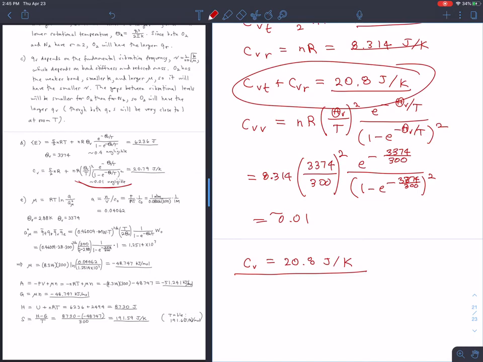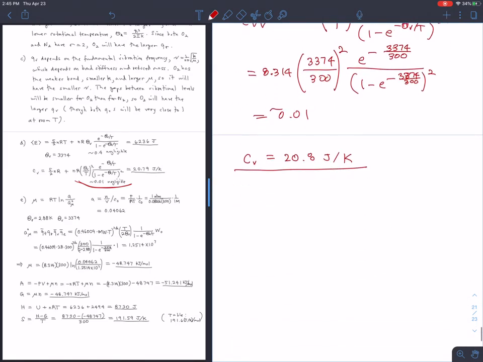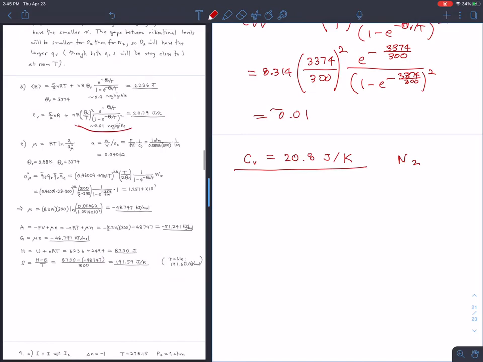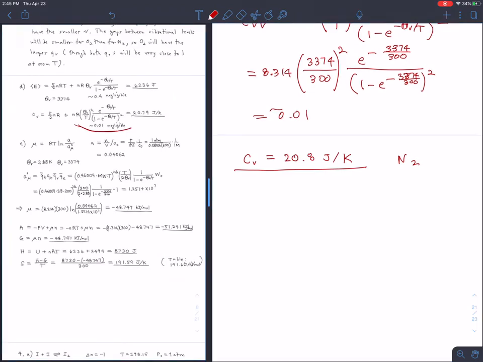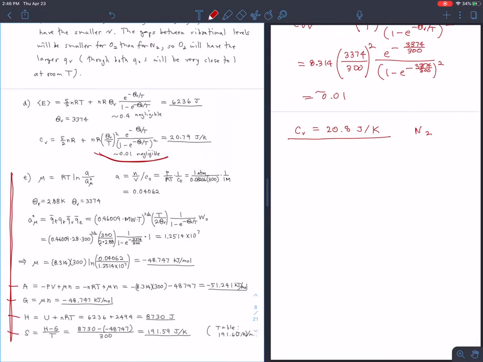Okay, that's it for the energy and for the CV for N2. Next, the problem asks us to calculate all the other properties: the chemical potential, the Helmholtz free energy, the Gibbs free energy, the enthalpy, and the entropy.